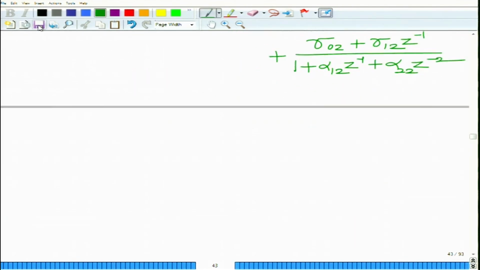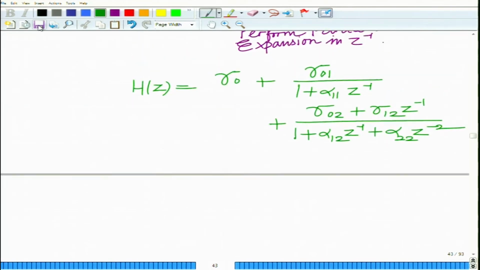Okay. And therefore, what you can see is that we have split it into a sum, a partial fraction expansion of the first order and second order factors.